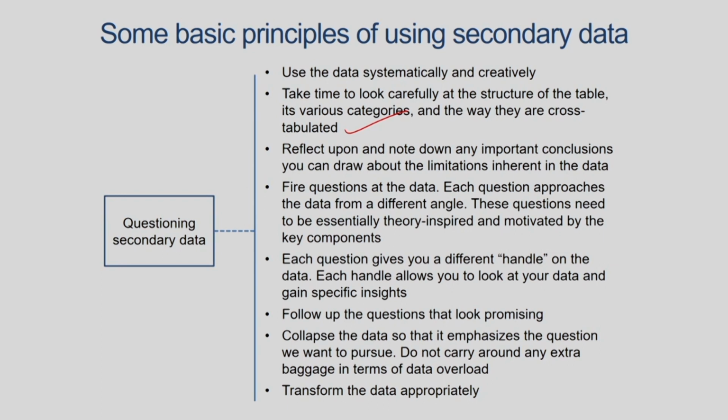And the final step is that of transforming the data appropriately. Data transformation: we have collected raw data, but the raw data will not be able to tell the story all by itself. So, it all depends upon how best we transform the data into appropriate, creatively designed tables, and that is where the use of statistical tools and techniques to transform the data comes in.